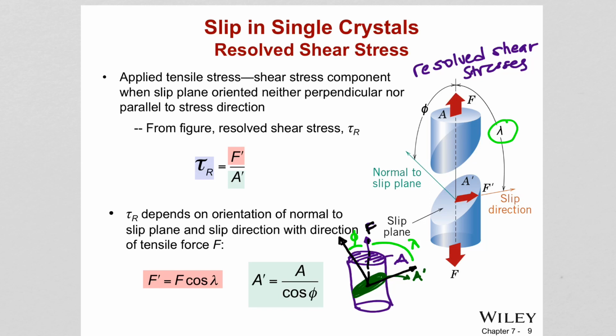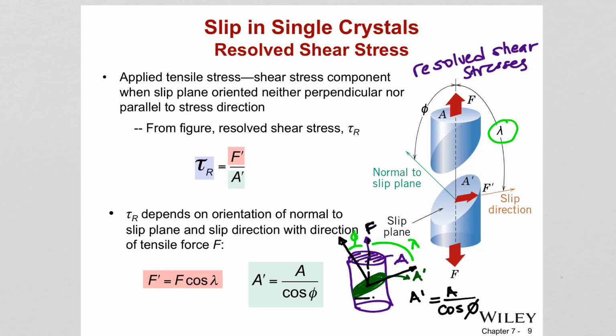Based on that, we can separate the force into its components. First of all, we need to understand from the geometric relationship that A prime is equal to A over cos phi.